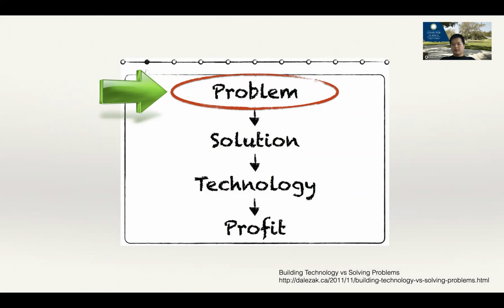Now let me think about how I can build a startup with deep learning technology. Can I use deep learning to predict the coronavirus situation? Can I use it to predict the stock market? This is a very, very bad way of building a project or building a startup.